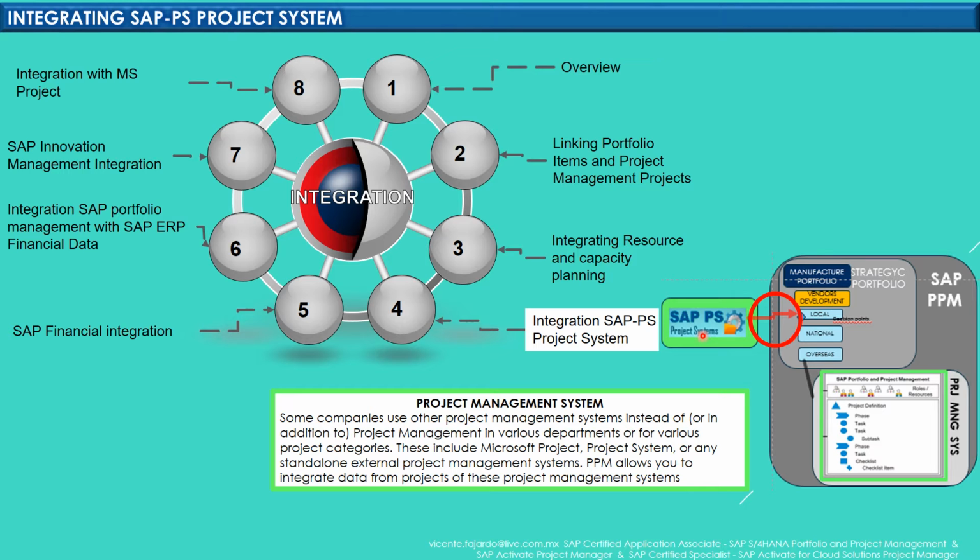It is very well known that some companies have been using SAP-PS for a long time, and nowadays huge projects are managed using PS elements as work breakdown structures or WBS. So the companies can continue using this functionality, but now they can integrate with portfolio management in order to have a full view of the business projects.